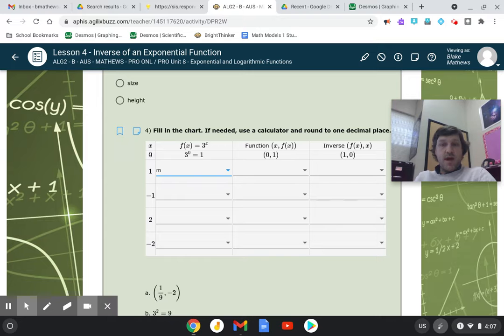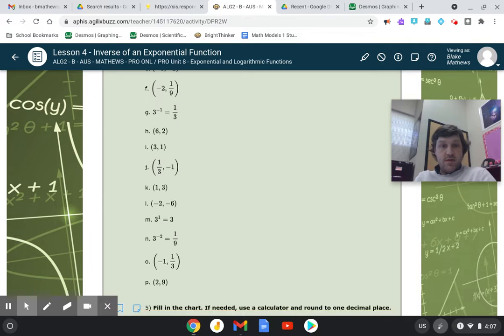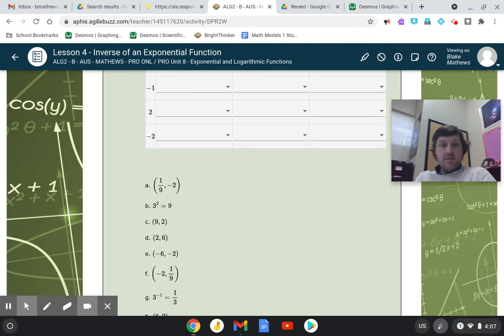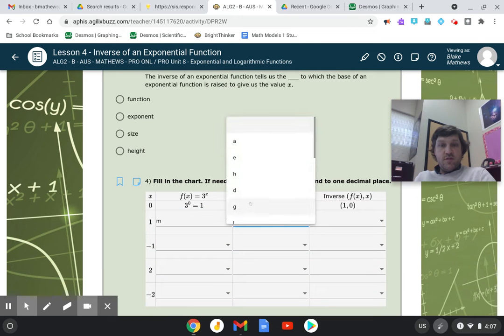In the same way that 0 and 1 becomes 0, 1, our 1, with the answer 3, becomes 1, 3. So 1, 3 is K. It's right here, 1, 3. So we're going to choose answer choice K.